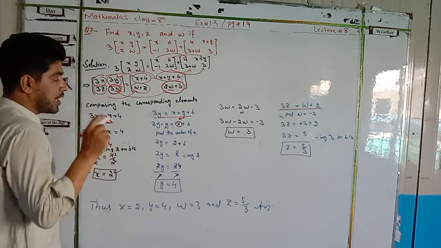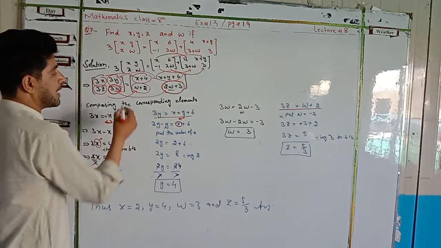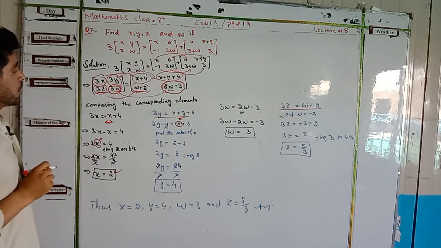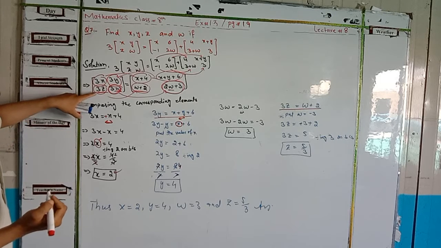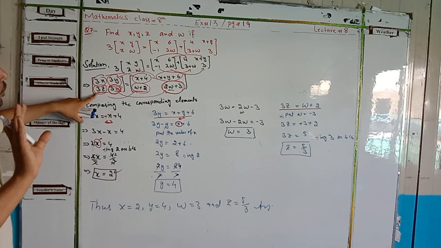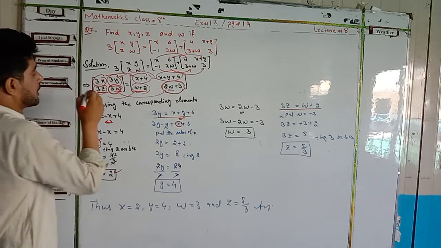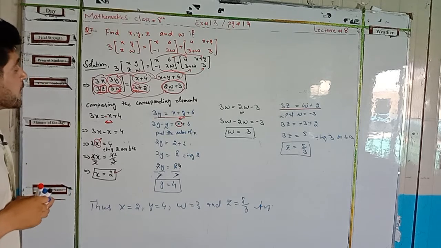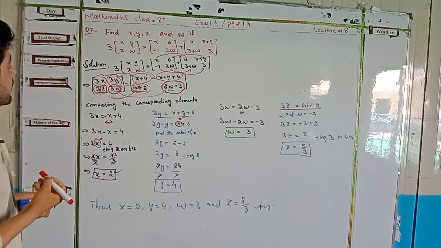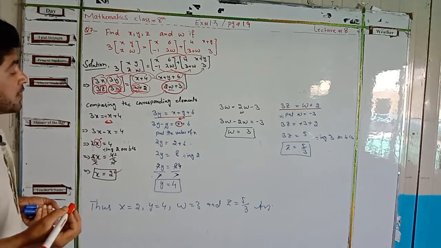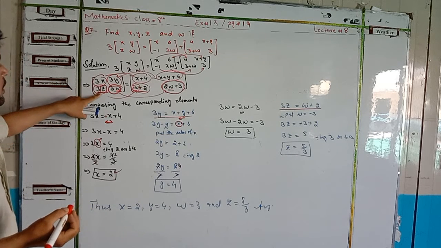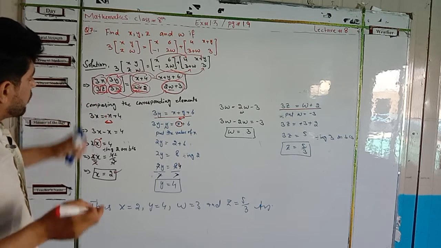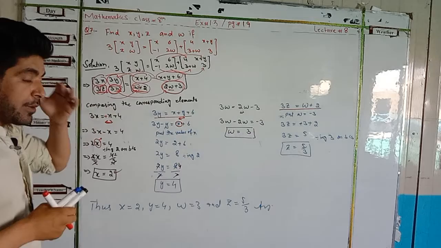Because if we take the third equation first, there are two variables, z and w, so we can't find the value of either variable.